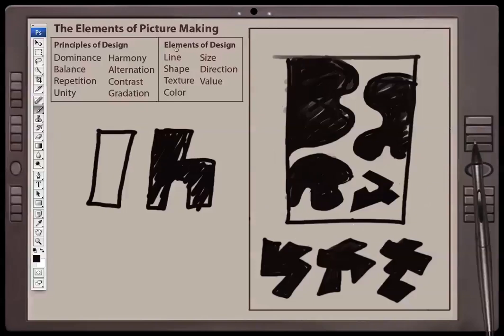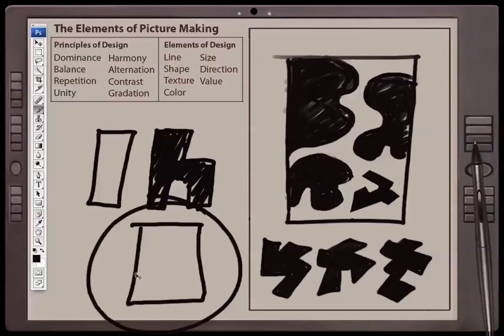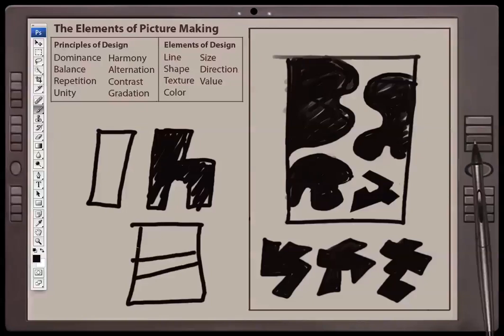And the same goes for line and direction. You limit yourself to one kind of direction that appears more often than another kind. So, for example, right over here, in this little sketch that I'm doing, I draw these lines, these diagonals like this, and I'm limiting myself now to these diagonals that are dominating as opposed to vertical lines that I'm adding up here.